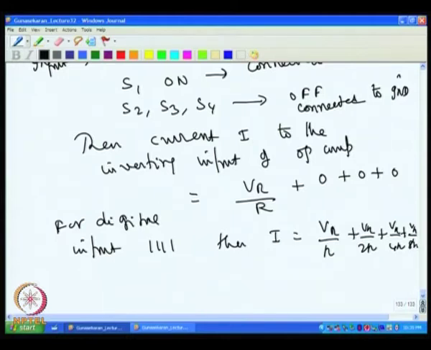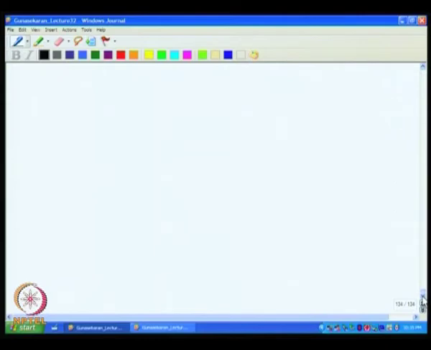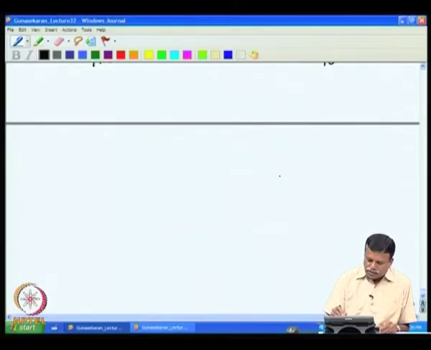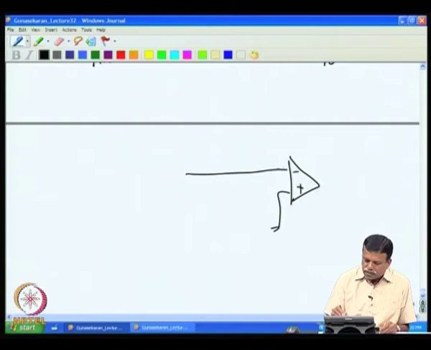So, like that, depending upon the digital input, whichever digital input is high, you will have the current output. Then the final output voltage at the output of the op amp, because we have used the summing amplifier, so all the current whatever is coming is actually passed through the resistance R x.